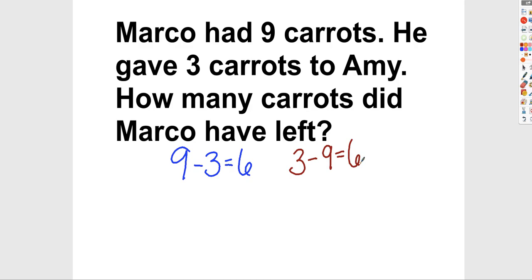There's no way I can take 9 from something I don't have 9 of to even begin with. I have to have more than 9 to be able to take that 9 away. And I don't have more than 9, do I? I don't even have 9 to be able to take that 9 away. So in subtraction, I cannot use the turnaround rule.